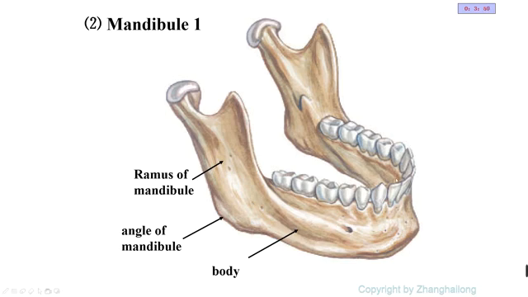First, this big front arch is the body of it. From this body, there are two rami going upwards and backwards. This one is the ramus of the mandible. And between the base of the body and the posterior border of the ramus, there is the angle of the mandible. You can touch the inferior border, the posterior border and the angle of the mandible on the surface of your body.